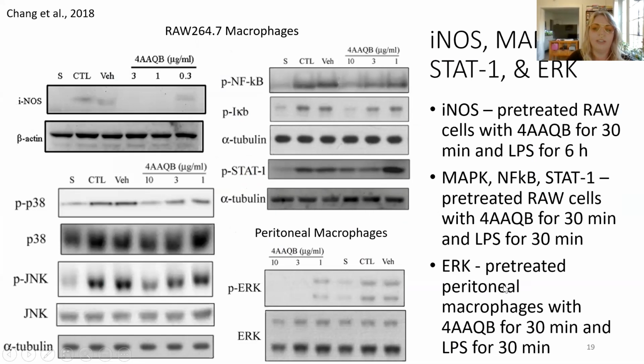And for the ERK, they used peritoneal macrophages, and they stimulated them with the 4-AQB for 30 minutes and then LPS for 30 minutes. And they saw a significant reduction in the expression of the nitric oxide synthase, as well as the MAP kinase products like phosphorylated P38, phosphorylated JNK, NF-kappa B, I-kappa B, as well as STAT1. And they also saw a significant reduction in the phosphorylated ERK in the peritoneal macrophages.